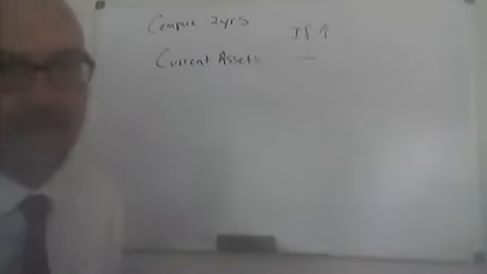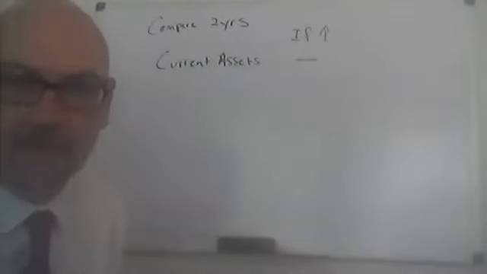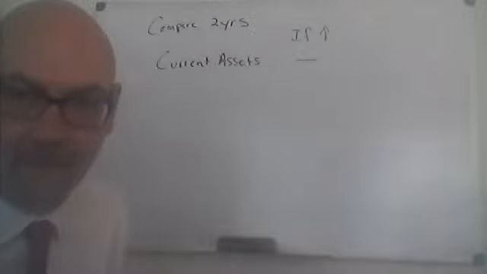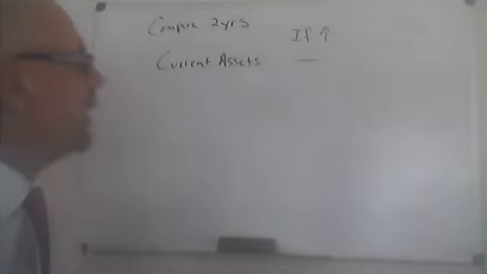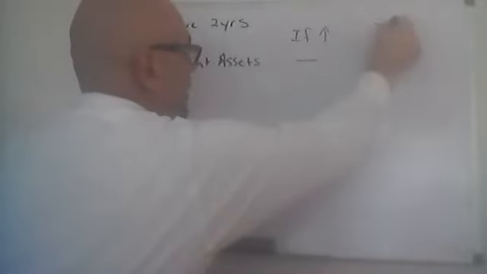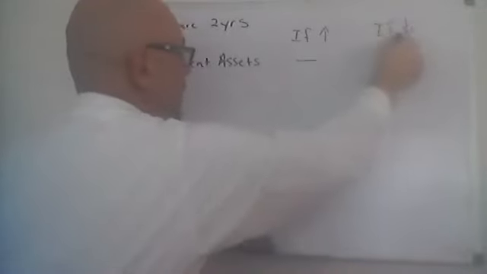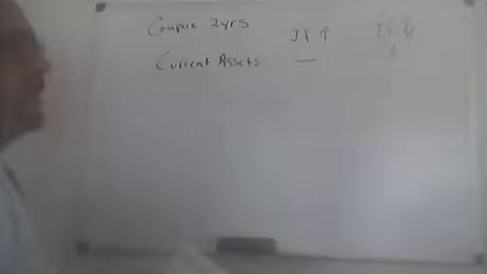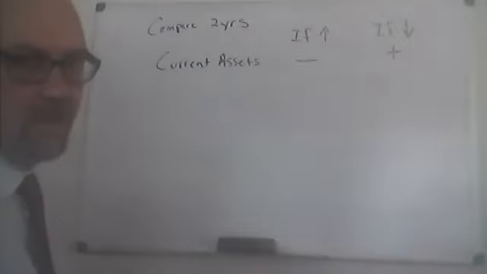For our current assets, if the balance in our current assets increase, we are going to do the opposite. We are going to subtract it from our net income when we're making that adjustment. Okay. If the balance goes down, we are going to add that amount to our cash.